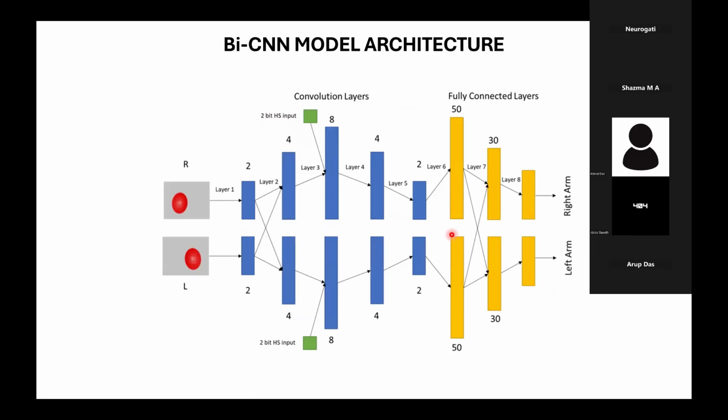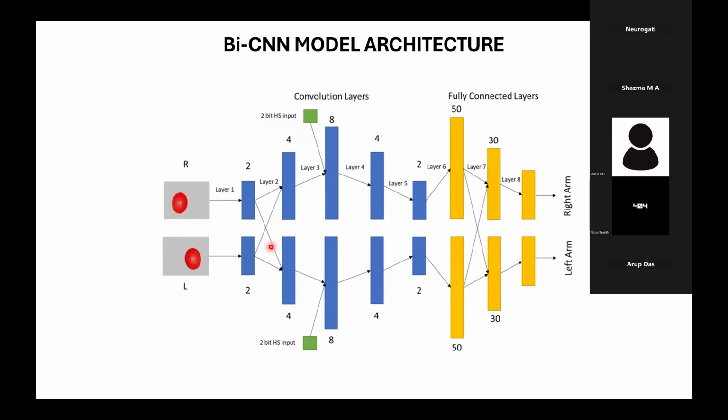Here, the blue layers indicate the convolutional layers in the network, and the yellow layers denote the fully connected layers in the network. The right retinal image is given to the right half of the network, and the left retinal image is given to the left half of the network. In order to perform stereo vision, that is using 2D images to perform a 3D estimation, and to be analogous to the brain, there are cross connections between the two halves of the network in order to promote communication between the two halves.